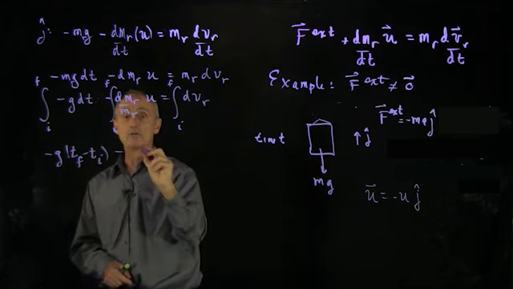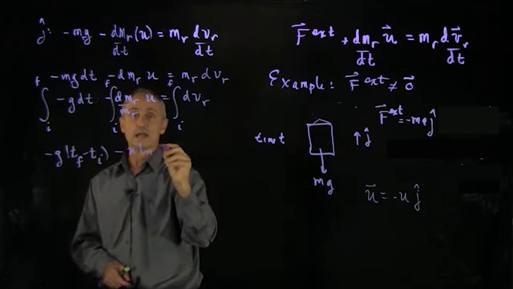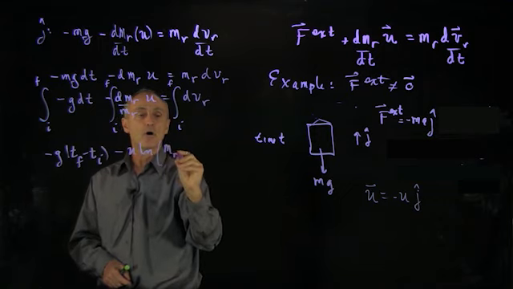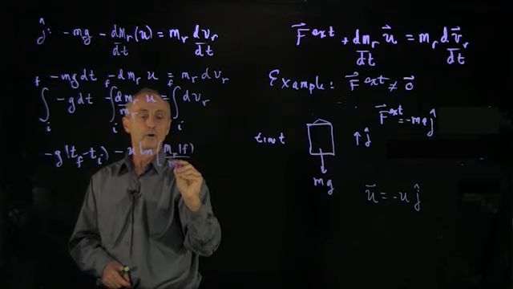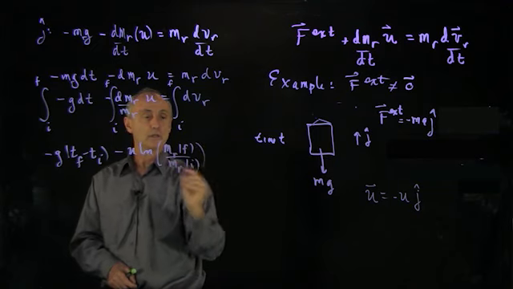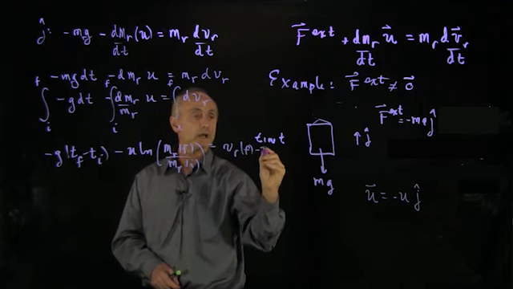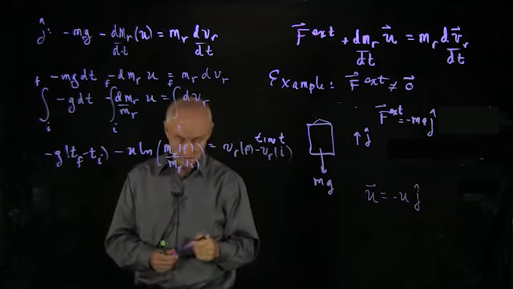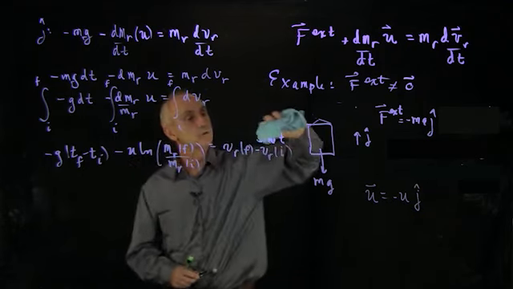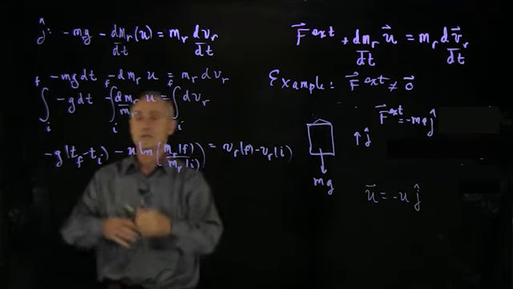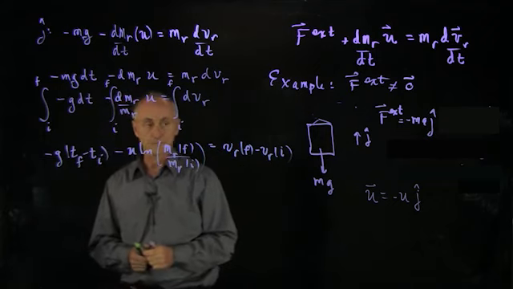Here we're integrating mass, so that's minus u natural log of m_r final over m_r initial. And over here we have v_r final minus v_r initial. And now here is our rocket equation.